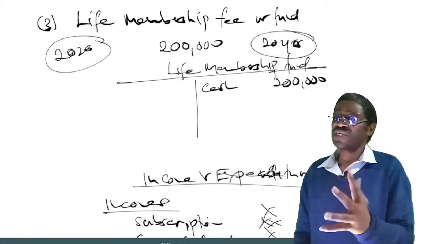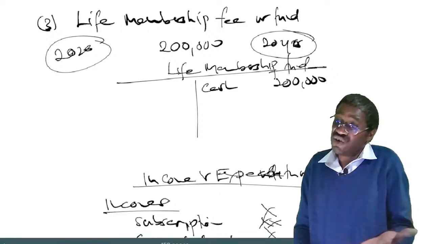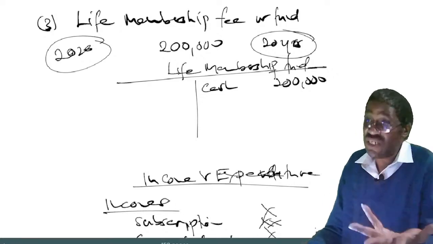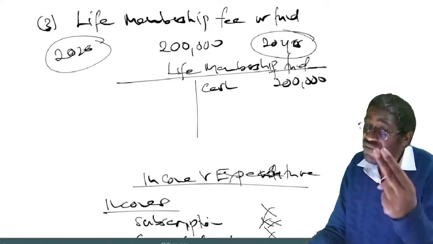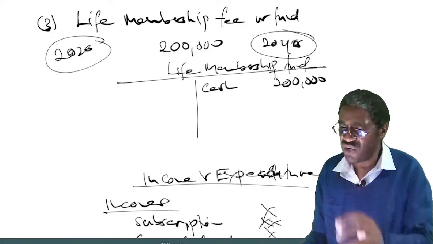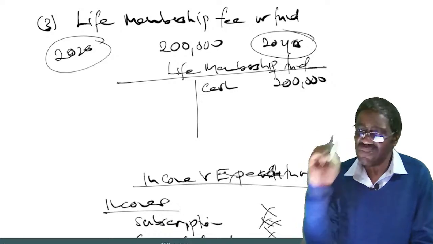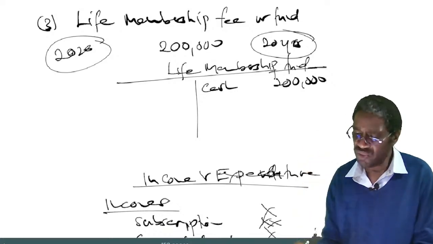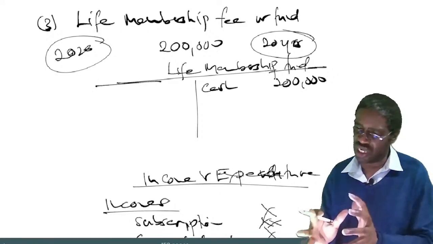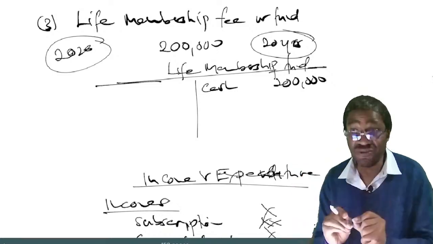In other words, this member should have paid how much every year? If we have received 200,000 and it is to cover you for 20 years, then it means every year you are supposed to pay 10,000. So what we shall be doing every year, I hope you are listening, we shall be transferring from this life membership fund to the income and expenditure account the amount that we have earned for the year.